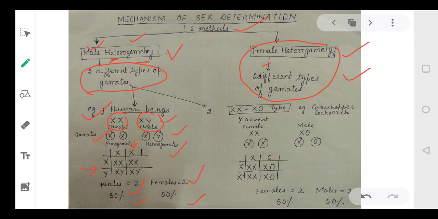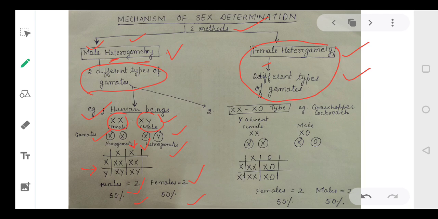Now if we look at this flow chart, we can easily say that it is the males who are responsible for the sex of the child. देखिए मेल है जो दो तरीके के gametes बनाते हैं. Some sperms have X chromosome and some sperms have Y chromosome. If the egg is fertilized by the sperm having the X chromosome, it is the female child which is born.